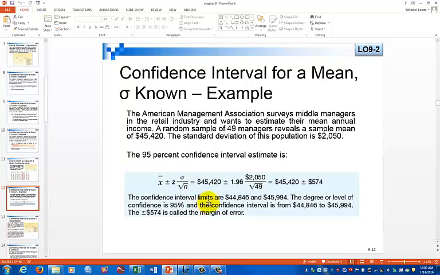So the confidence interval limits are 44,846 and 45,994, which you can obtain from adding 574 to 45,420 and then subtracting the same number, 574, from 45,420. The degree or level of confidence is 95%, and the confidence interval is from 44,846 to 45,994. The $574 is called the margin of error, plus minus.